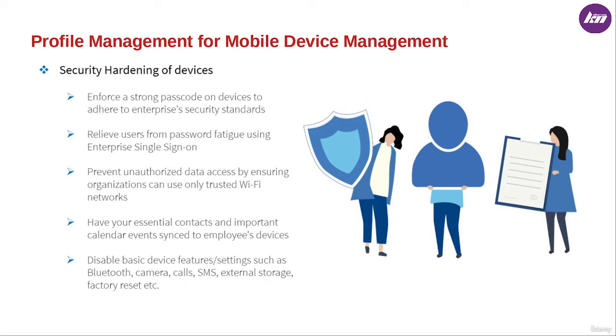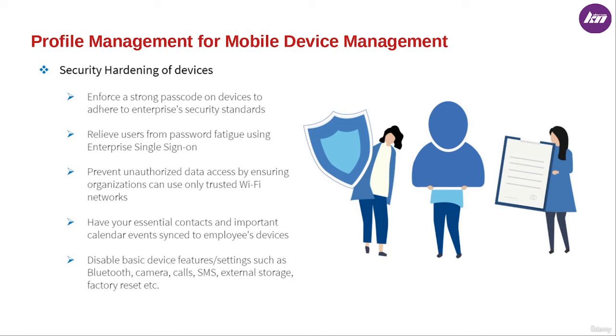So think about password encryption and strong passwords as a security of a device that will bring security to your business. Now, they will relieve users from passwords using single sign-on. Sometimes you could enable single sign-on on an MDM. You could prevent unauthorized users from accessing data, allowing access only on trusted Wi-Fi's, for example.